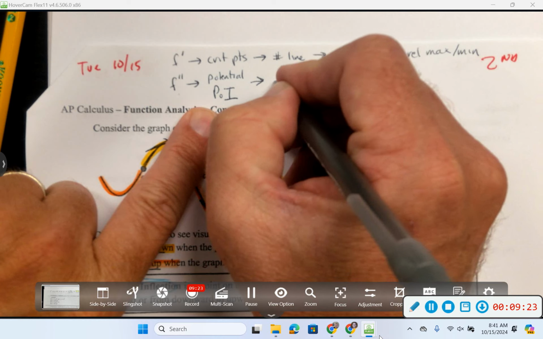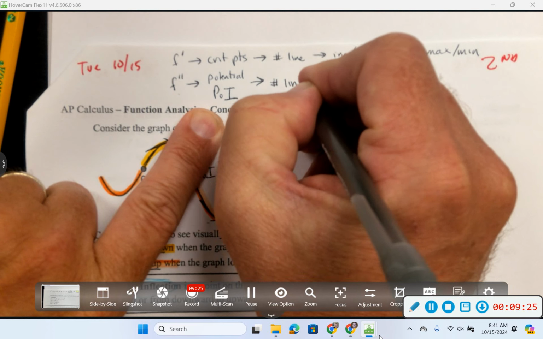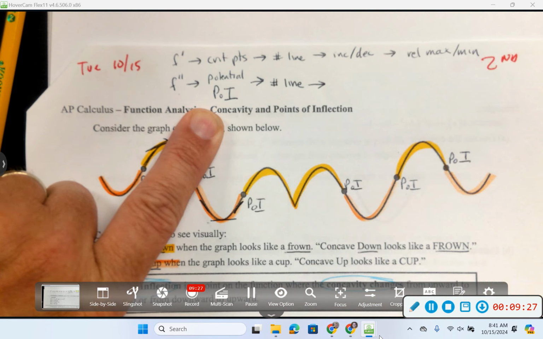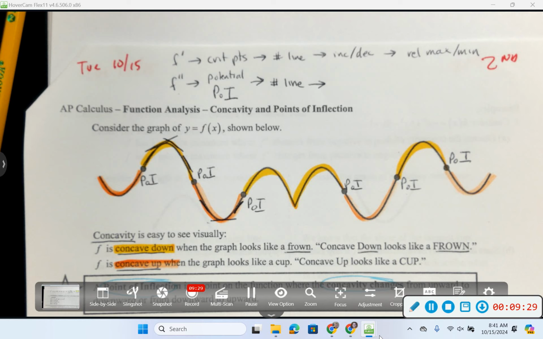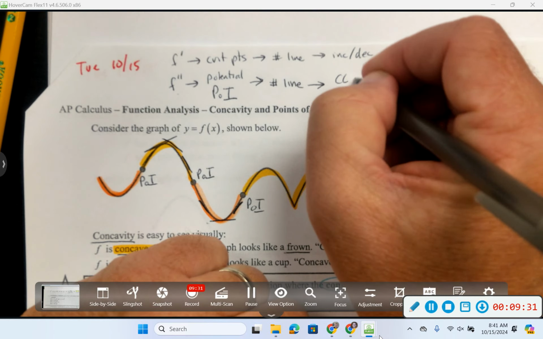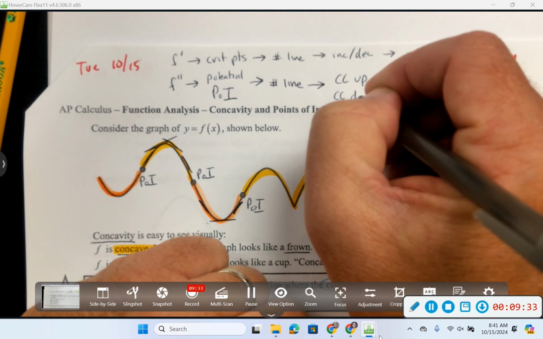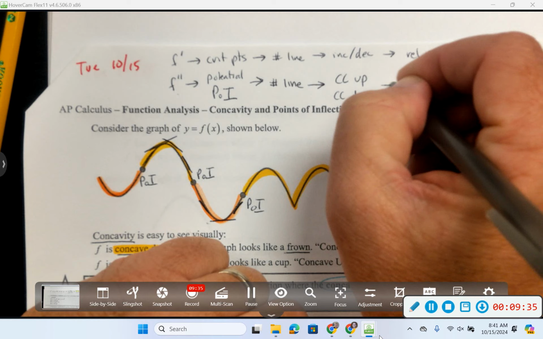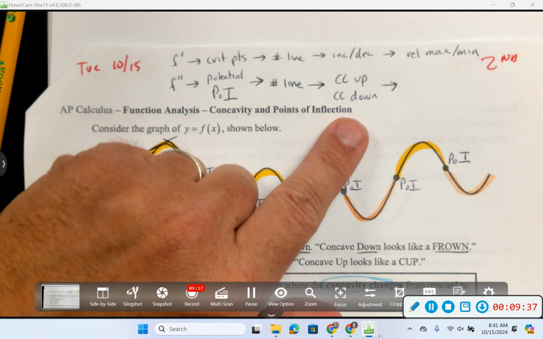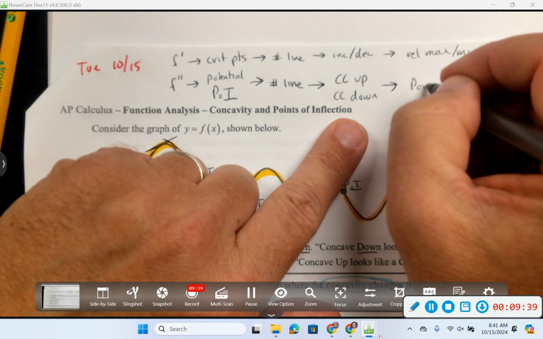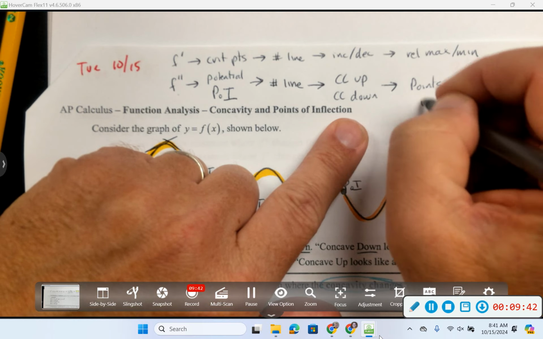Once you set them equal to 0, you'll put them on a number line. That won't tell you increasing and decreasing. It'll tell you concave up and concave down. And where those changes happen are points of inflection.